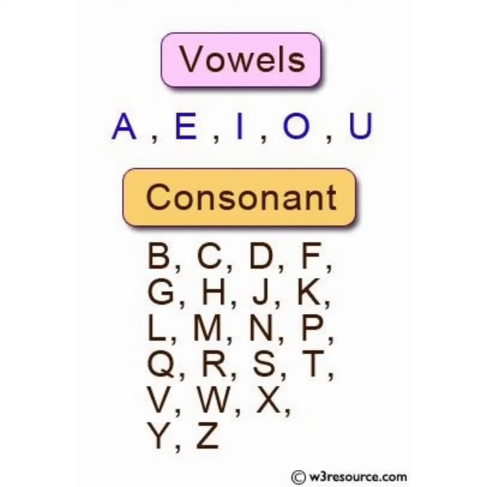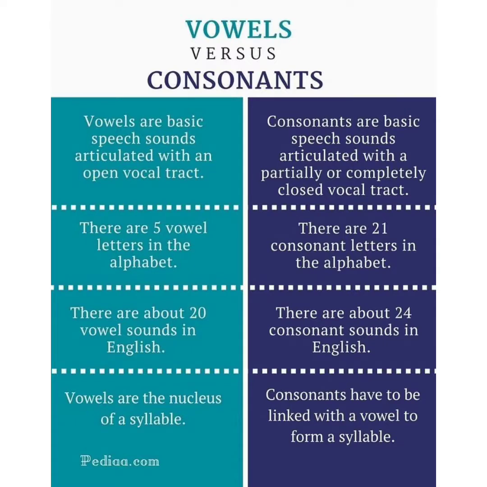So, to make it easy, we use "an" whenever there is a word starting with a vowel sound, and we use "a" with a word that is starting with a consonant sound. I hope this is clear. All of you were aware of it. This was just a small revision.